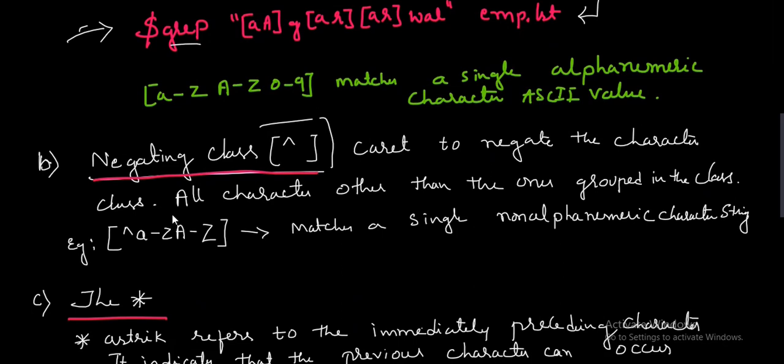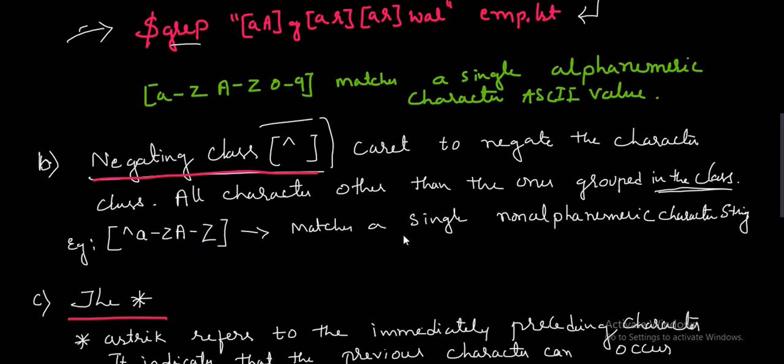So here, all the characters other than the ones grouped in the class. Whatever character is there, it is going to match other than whatever you specify in the brackets. So for that you are going to use this notation. If I specify negating small case a-z and capital A-Z, it indicates non-alphanumeric characters.